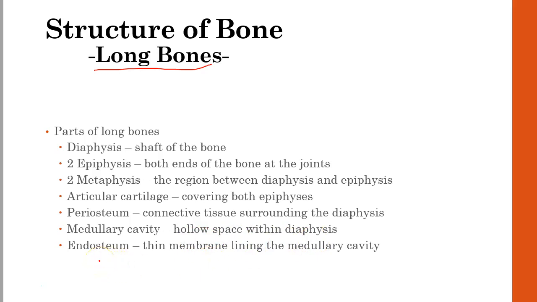And then within that medullary cavity, we have another wrapping, the endosteum. This is going to be the thin membrane lining that cavity. Okay, most notably, I do want you to know diaphysis and epiphysis for sure, as well as periosteum.